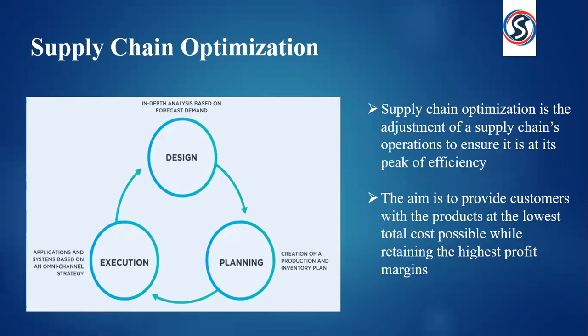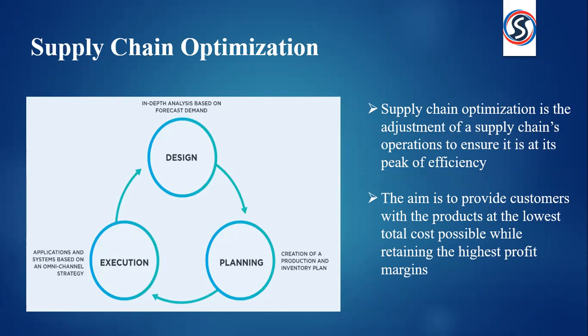So supply chain optimization, we call it the adjustment of a supply chain's operation to ensure it is at its peak of efficiency. Okay, if you will see this design that we have made: design, then planning, execution, right? So this will be a circular motion, in a loop.